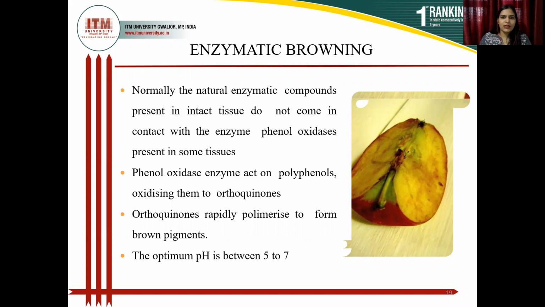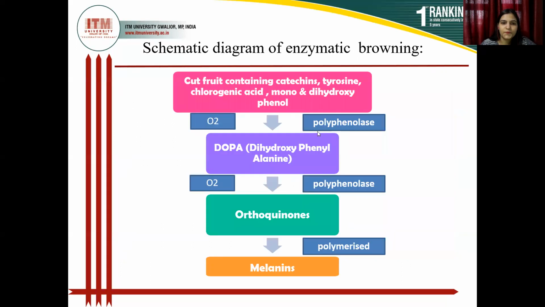So the phenol oxidase enzyme acts on polyphenols, oxidizing them to orthoquinone, and orthoquinone rapidly polymerizes to form a brown pigment in the presence of air. The optimum pH is between 5 to 7.